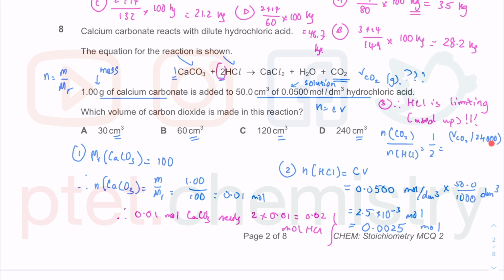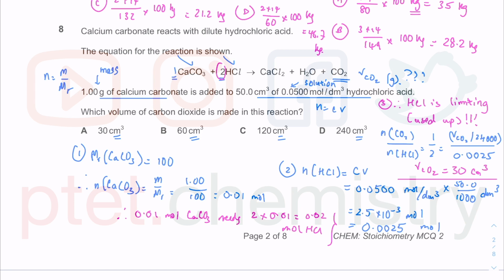The volume of 1 mole of gas is 24,000 cm cube, divided by the mole of the HCl, which is 0.0025, or 2.5 times 10 to the minus 3, as previously calculated. I will leave you to rearrange that equation as an exercise. You bring up the 0.0025, times 1/2, and then times 24,000, and you should get 30 cm cube.